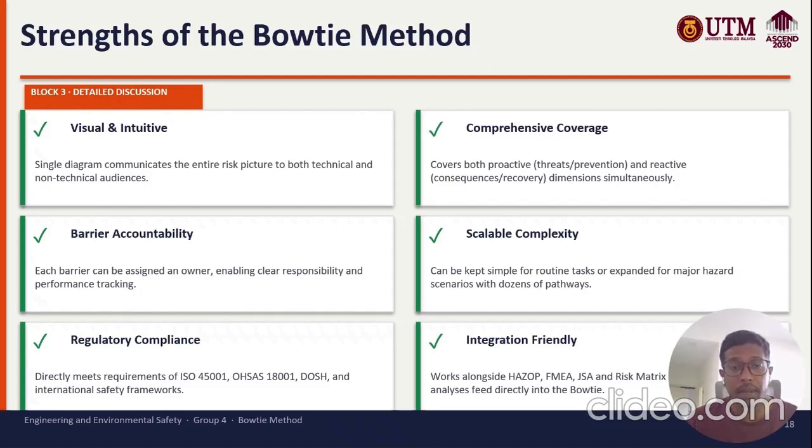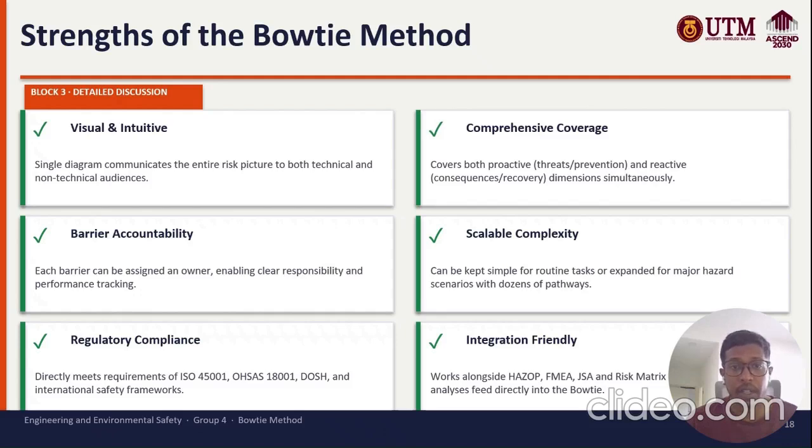Fourth is scalability. For a simple task like manual lifting, your bow tie might have 3 threats and 2 consequences. For a major industrial hazard, it could span dozens of pathways. This same framework scales to both. Fifth is regulatory compliance. Bow tie directly maps to the requirements of ISO, OSHA, and DOSH guidelines.